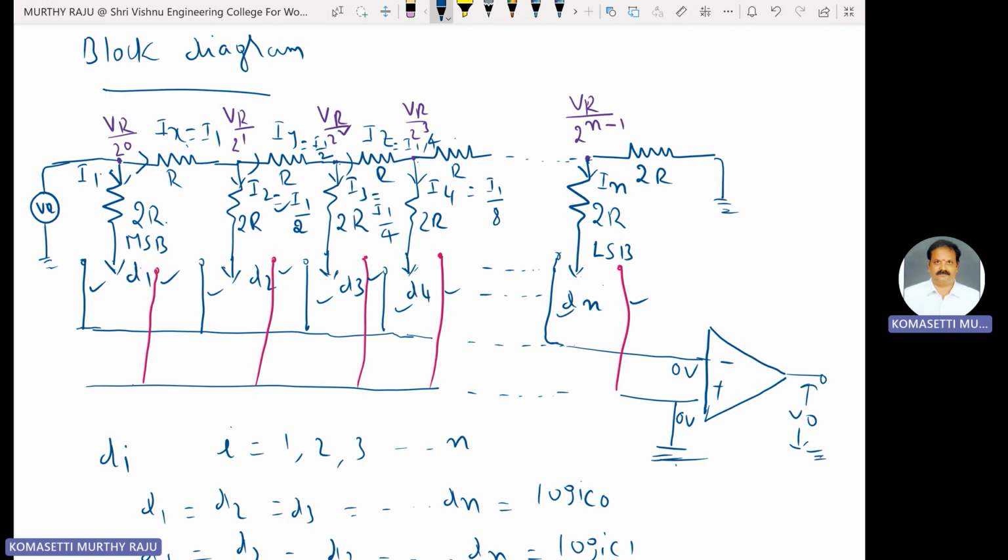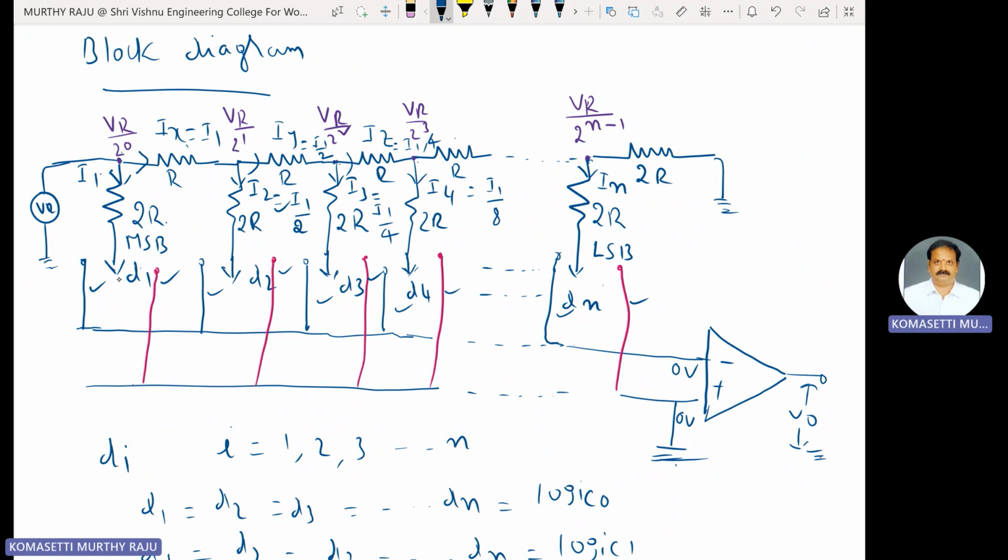Here, the node voltages are fixed: VR by 2 power 0, VR by 2 power 1, VR by 2 square, VR by 2 cube, up to VR by 2 power n minus 1. The node voltages of that ladder network are fixed. The currents flowing through the 2R resistances are also fixed, and independent of the switch positions.